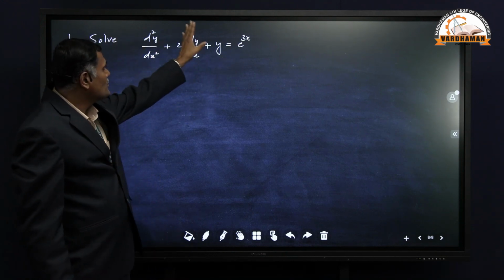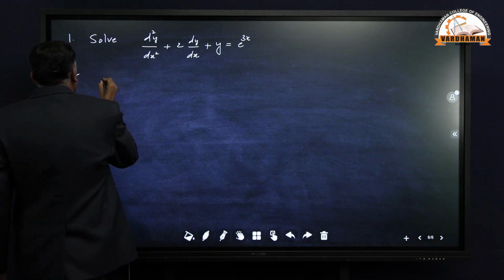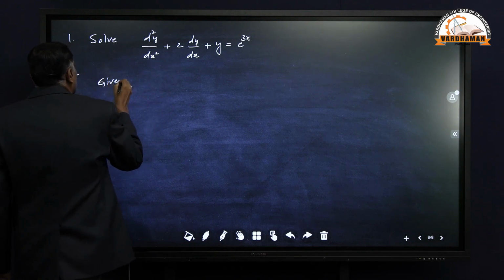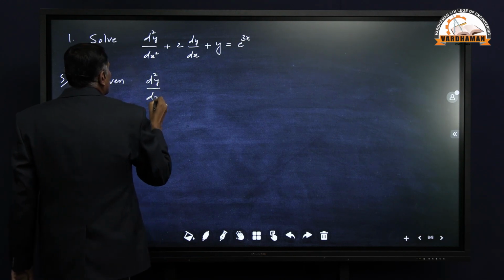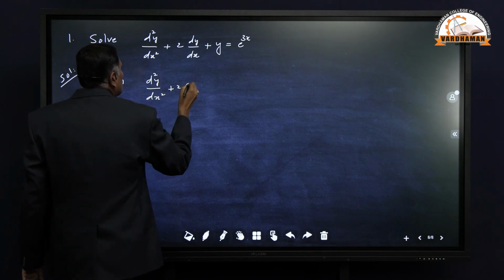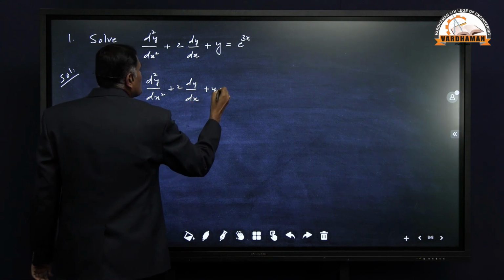Now first let us discuss how to find the complementary function of this problem. To find the complementary function, let us take the right hand side as 0. This is the given differential equation.